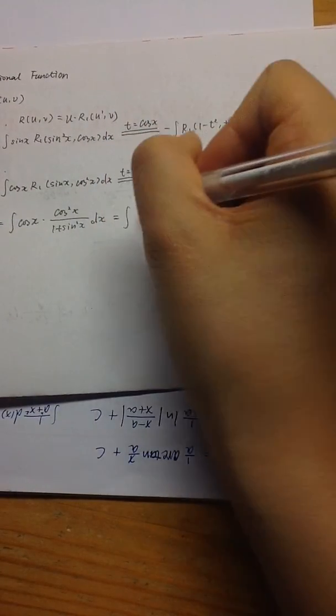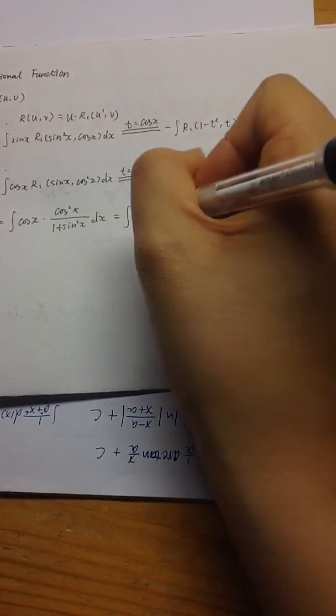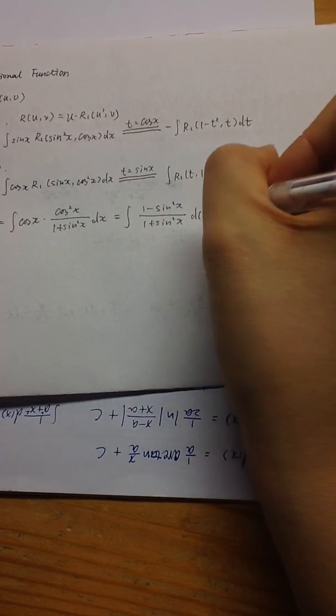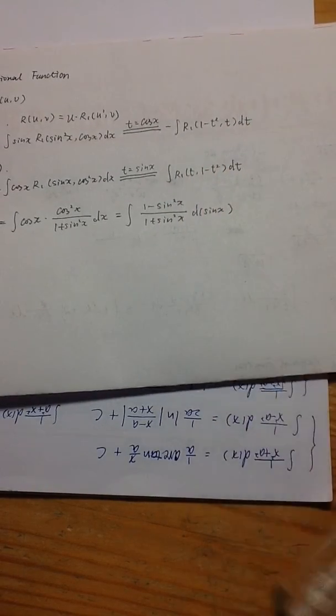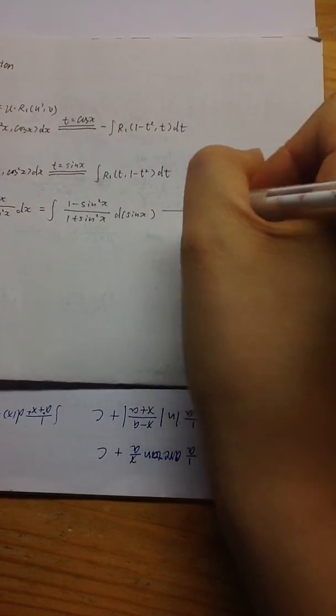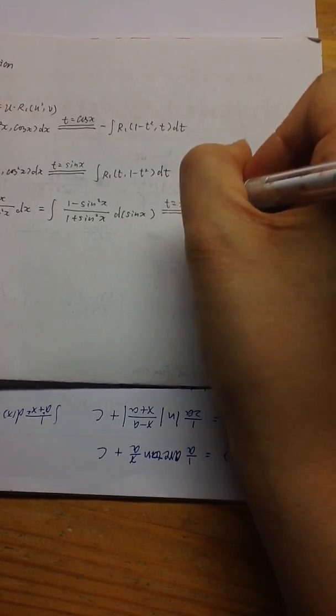And further, we could have this. Now it's obvious that we can make the substitution t equals sine x.